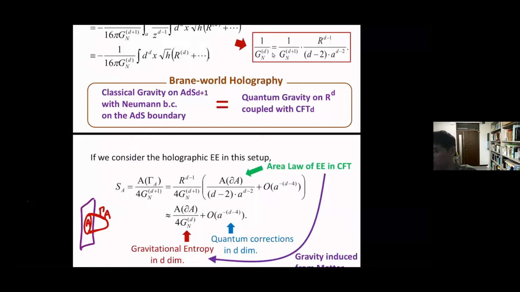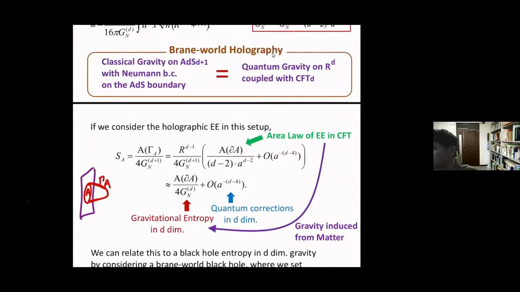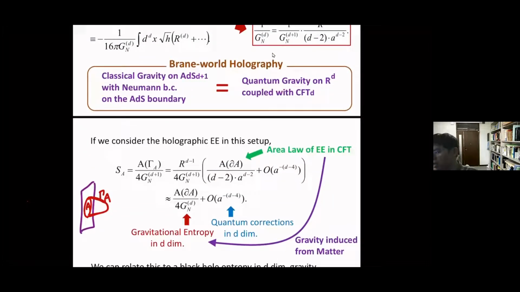So indeed, we can have some lower dimensional gravity with the correct gravitational entropy, and the higher order terms look like quantum corrections because we have some sort of quantum gravity here. This is an interpretation, and so we can see roughly how this proposed brane-world holographic relation makes sense if we think about entanglement.